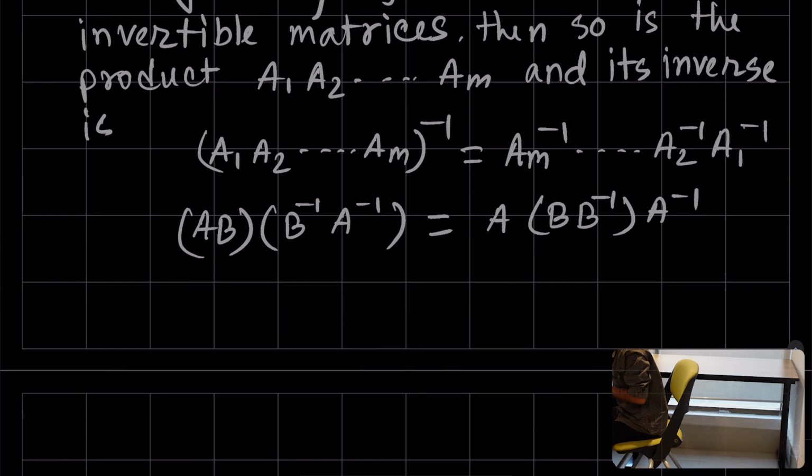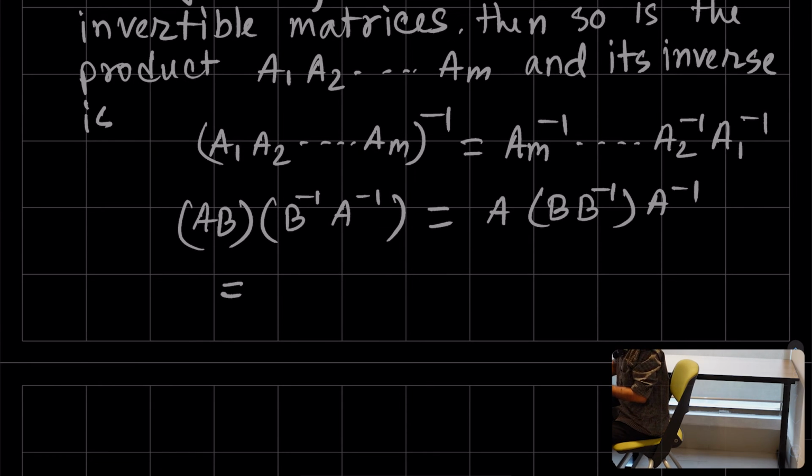So this follows that A with the identity matrix, because B B inverse is the identity matrix, times A inverse, and this is equal to A with A inverse, and this is also equal to I.